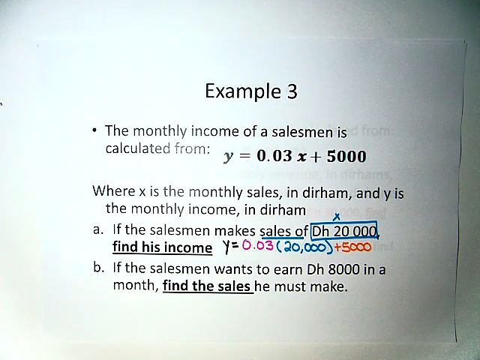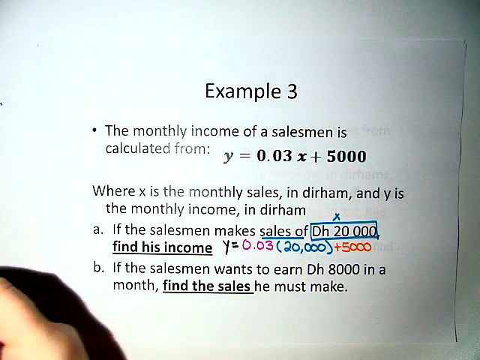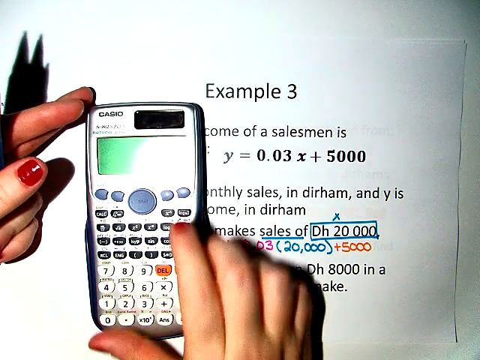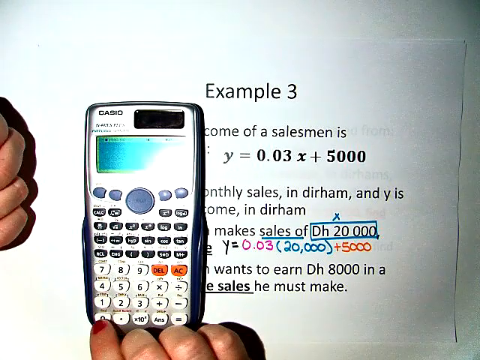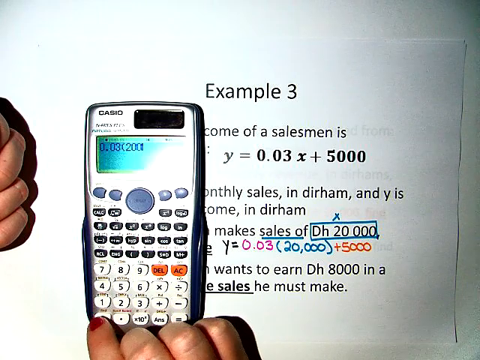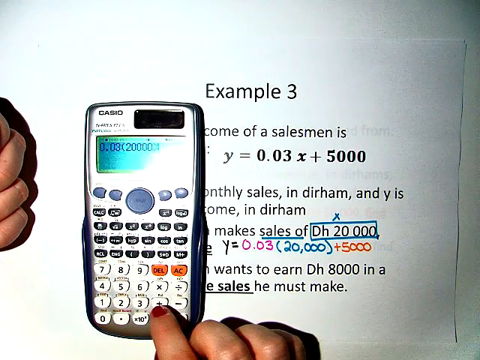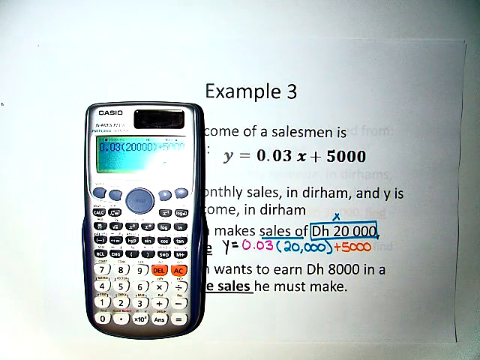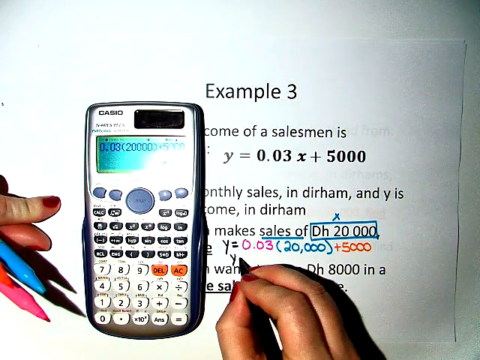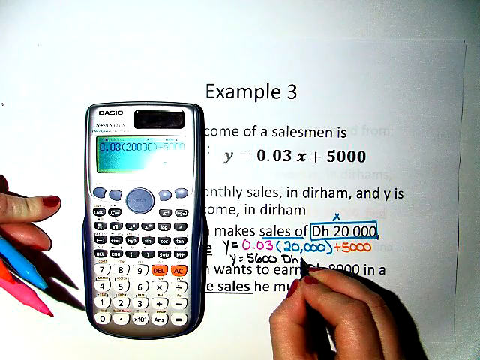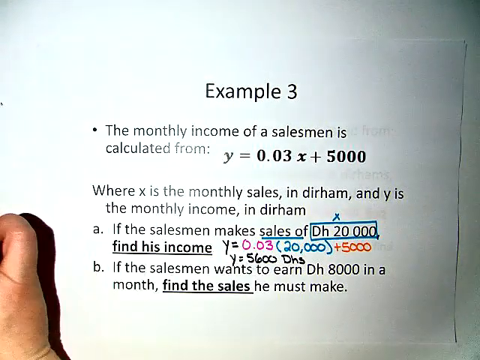So we'll get out our calculator and look at what that equals. So 0.03 times 20,000 plus 5,000. That gives me y equals 5,600 dirhams. Okay, let's look at the next part.